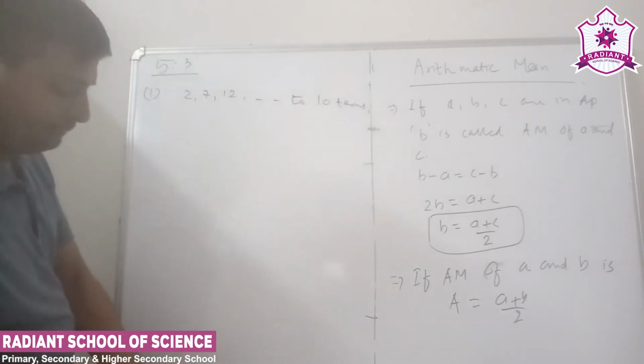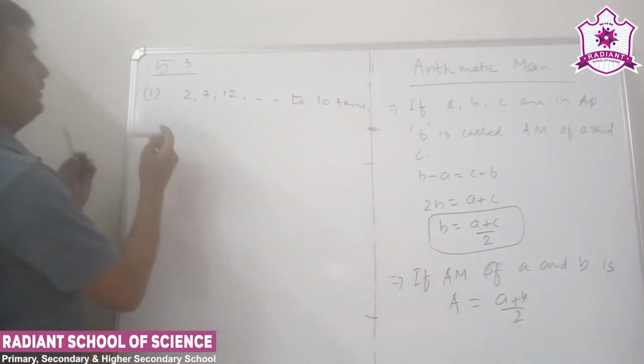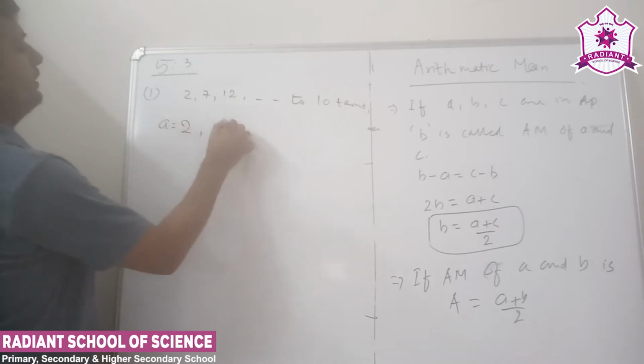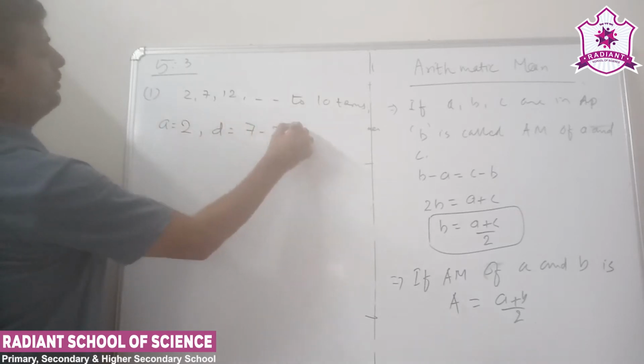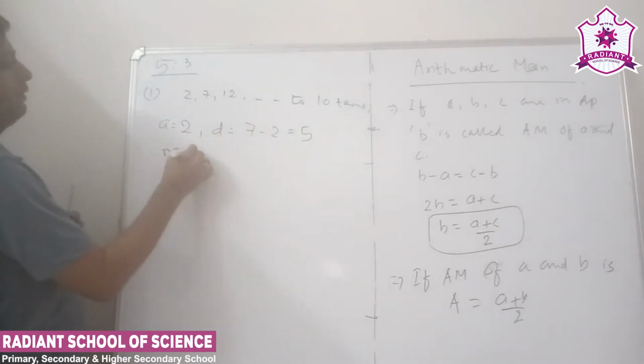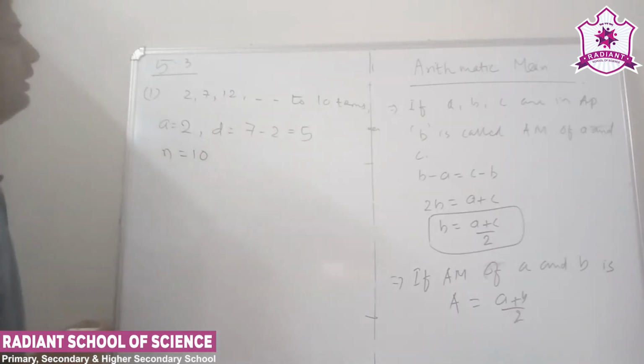We want to find the sum. Okay, so first I need A is equal to 2. Common difference, 7 minus 2 is equal to 5. Right? Okay. N is equal to 10. A is equal to 2. D, 7 minus 2 is equal to 5. N is equal to 10.